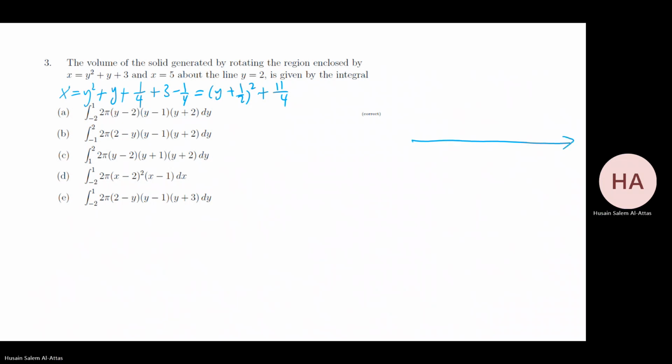So this is my function. The vertex is minus half and 11 over 4.